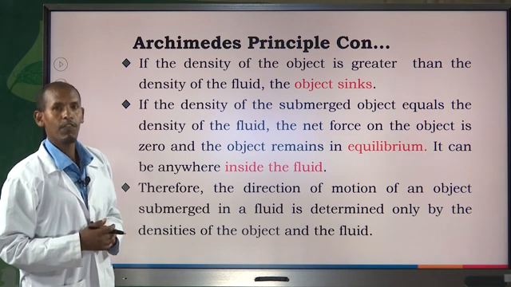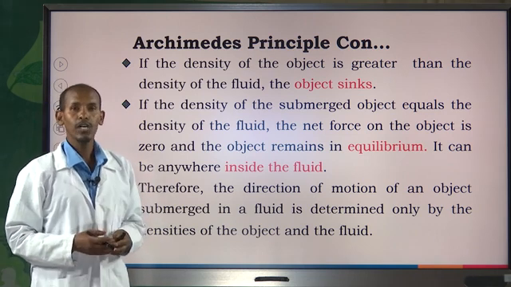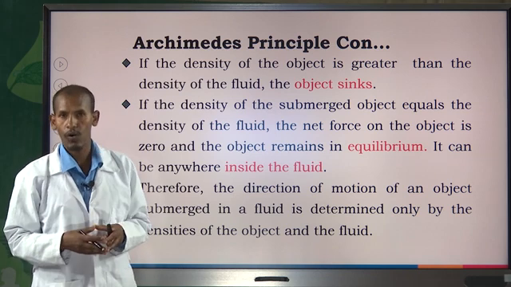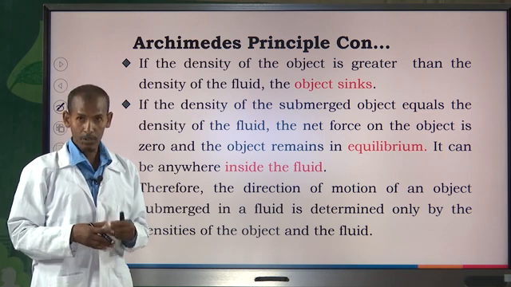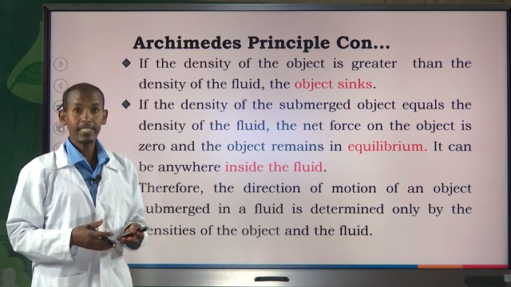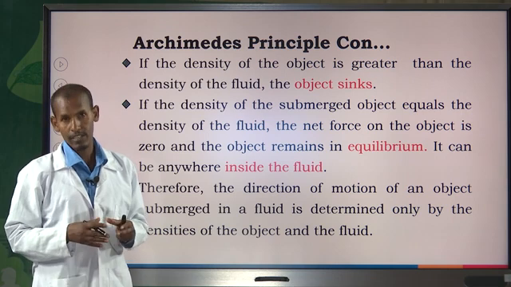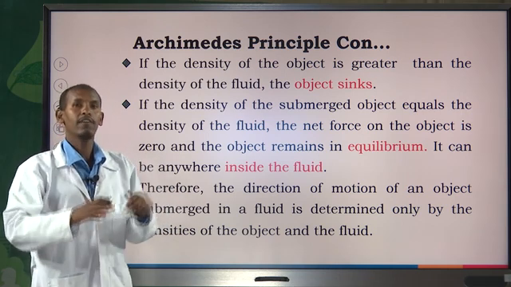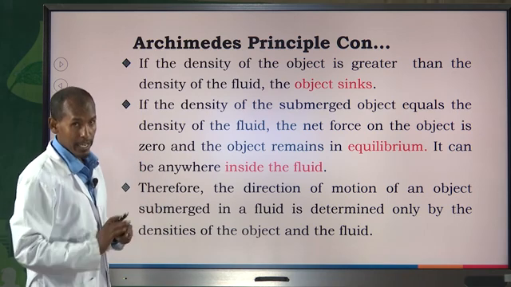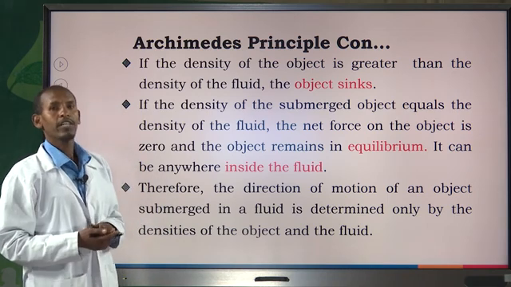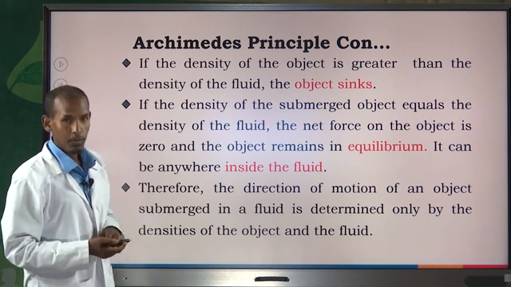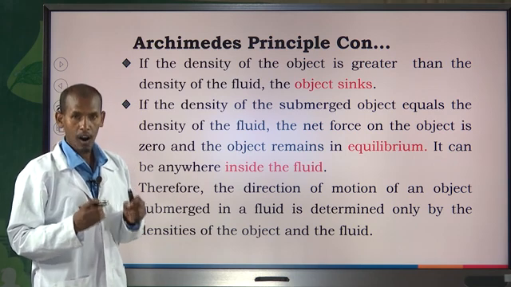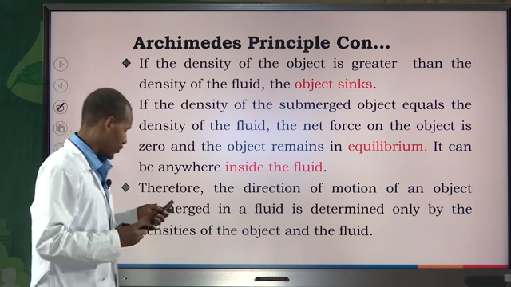If the density of the submerged object equals the density of the fluid, the net force on the object becomes 0, and the object remains in equilibrium. It can be anywhere inside the fluid. It cannot move upward or downward; once stationary, it can stay in any position inside the fluid. Therefore, the direction of motion of an object submerged in a fluid is determined only by the densities of the object and the fluid.